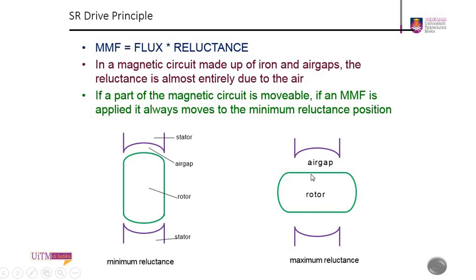If you have your rotor in this diagonal position here, you can see that more air gap is created. This will be the maximum reluctance position for the motor, and this will reduce the value of the MMF in the magnetic circuit.